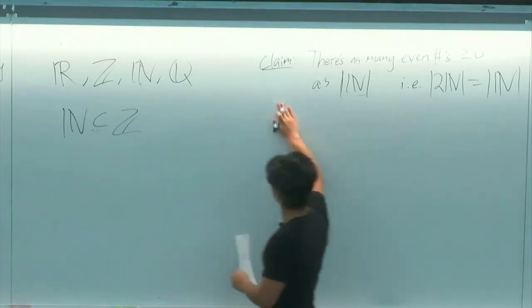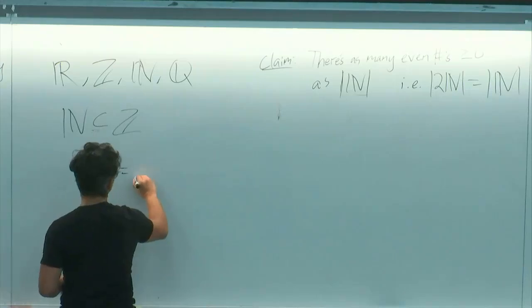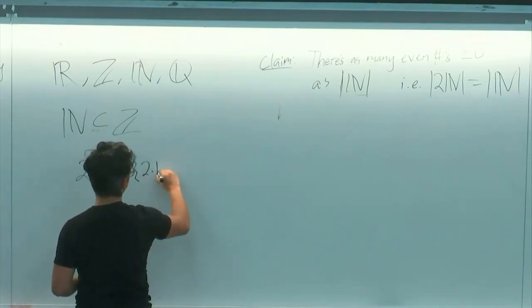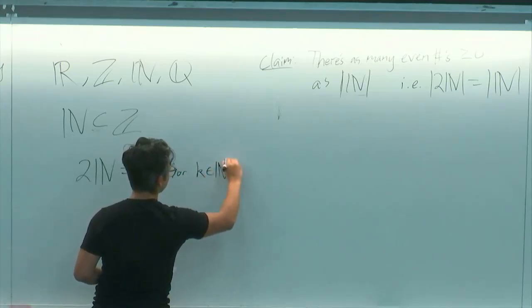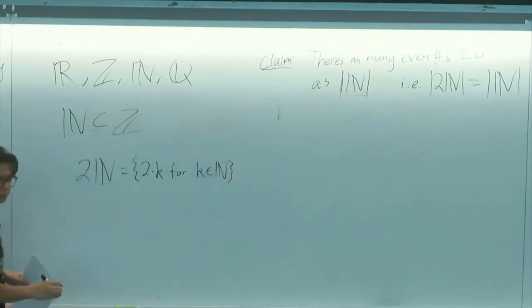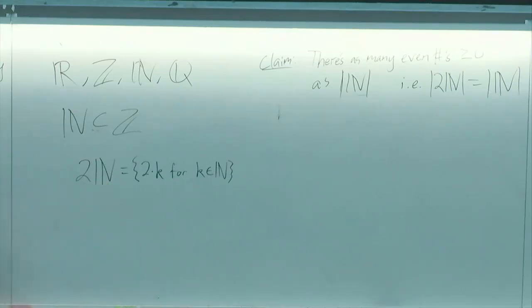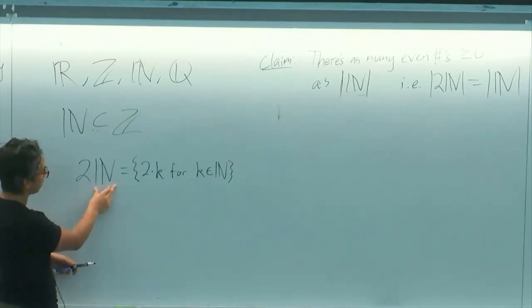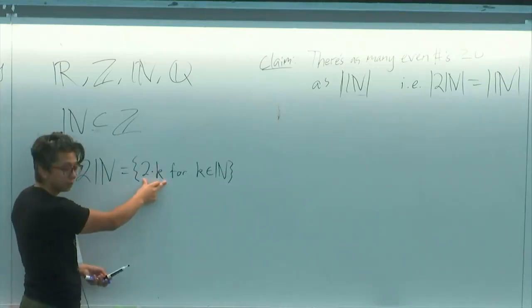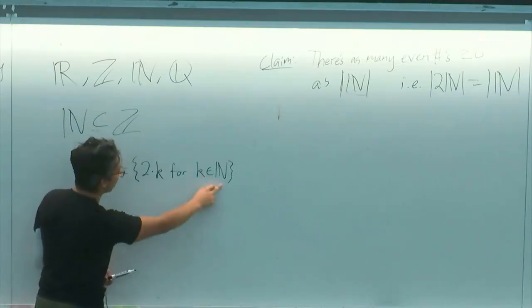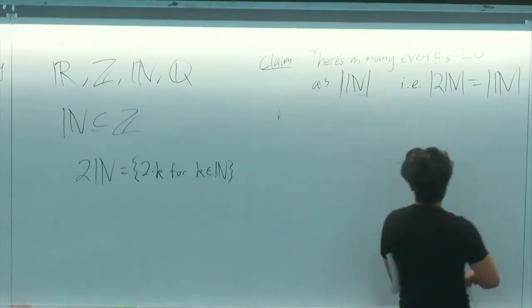So I guess we didn't define this. 2n is going to be the set 2 times k for k in the naturals. That's what 2 times the natural numbers means notationally. It just says take every natural number, multiply it by 2. So this is the definition of an even number. These are going to be all the positive even numbers. Does that make sense? Great.